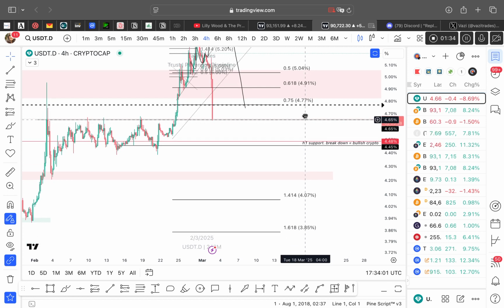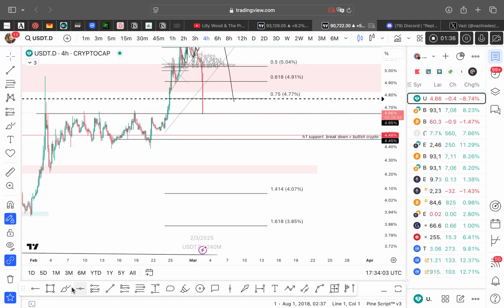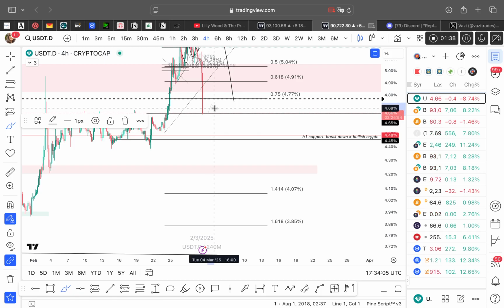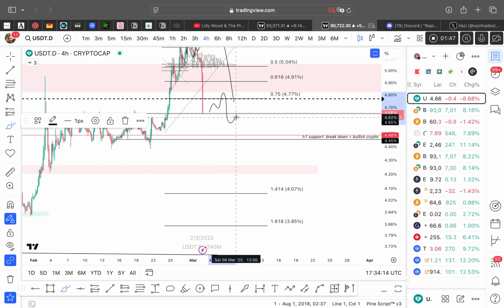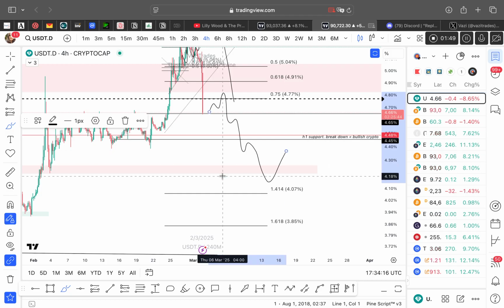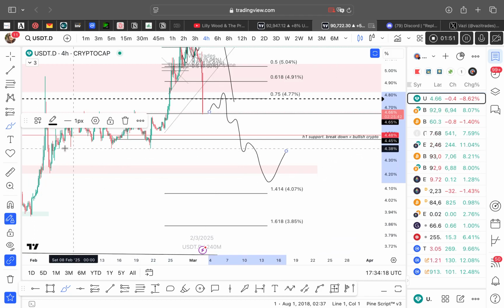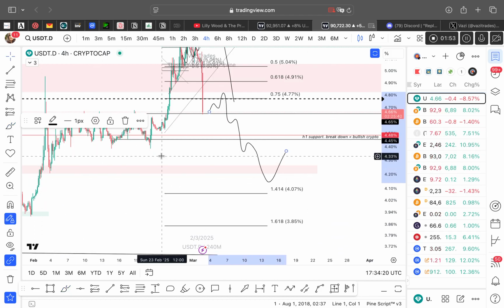It will mean that most probably, with some bounce, it will continue its downtrend towards this area where it has a support area.